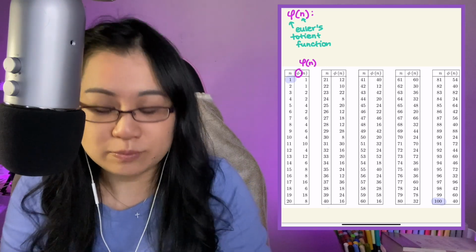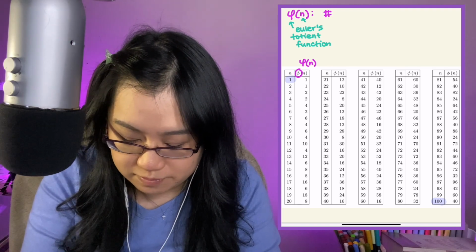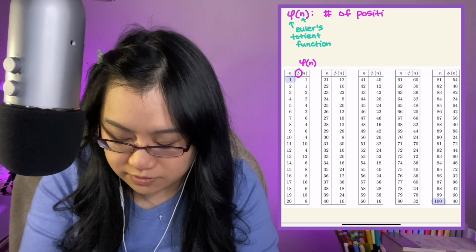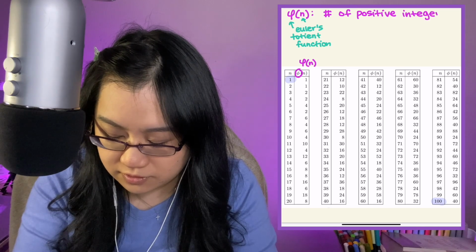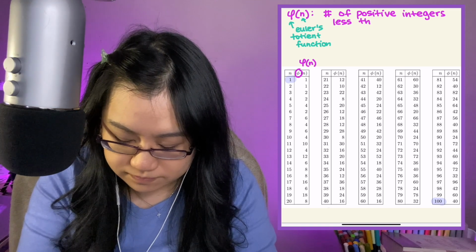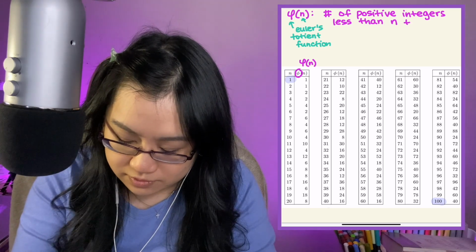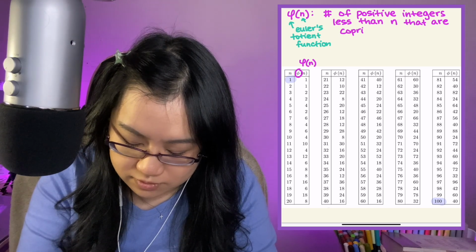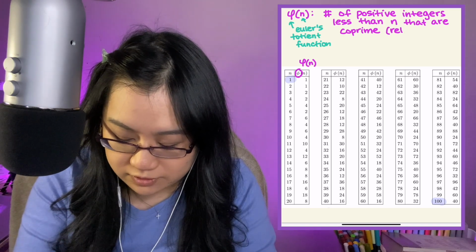And the output is going to be, by definition, the number of positive integers less than n that are co-prime or relatively prime.